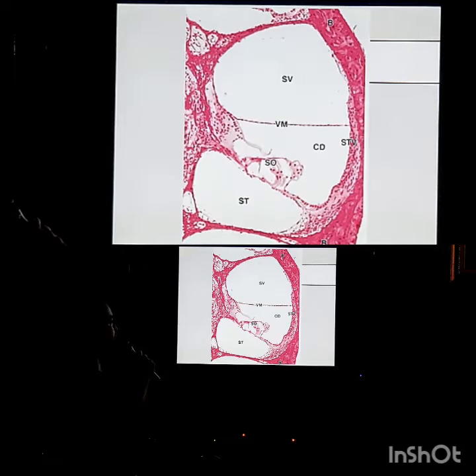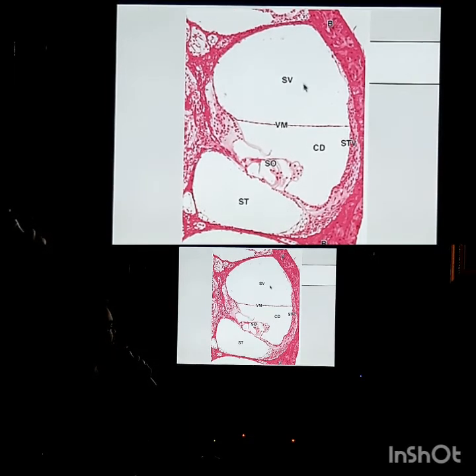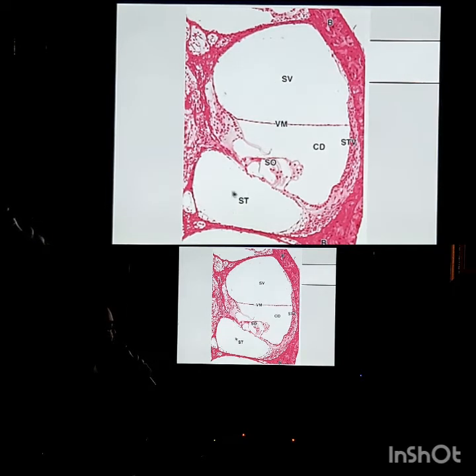Endolymph is formed in a specialized vascular strip called the stria vascularis. Stria vascularis, meaning it's a straight vascular strip located in the lateral wall of the cochlear duct. If you can see in this microscopic view, this is the stria vascularis. This is the organ of Corti, scala media, scala vestibuli, and scala tympani.